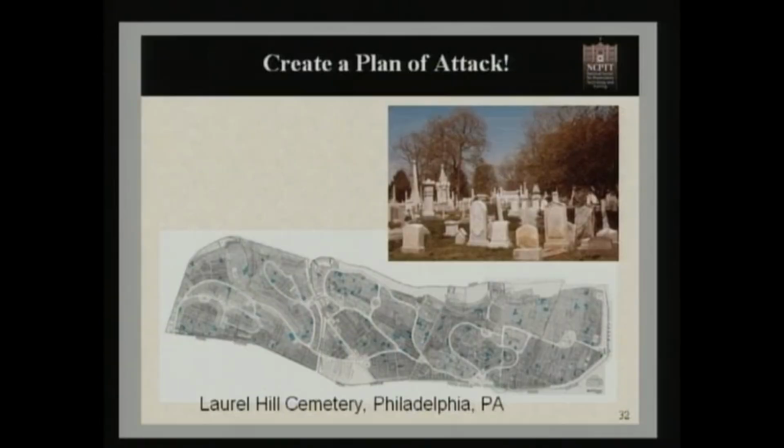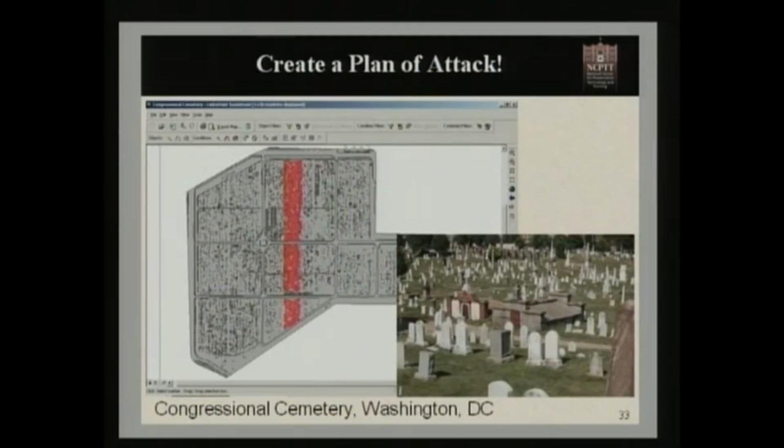Dennis Montagna with the Northeast Regional Office worked with Laurel Hill Cemetery, and he chose to use a lottery method where they randomly numbered the grave sites and then they used a computer generator to generate numbers of the sites that they would survey. They then sent teams of volunteers out to survey those specific spots and determined how the conditions of those represented the overall conditions of the cemetery.